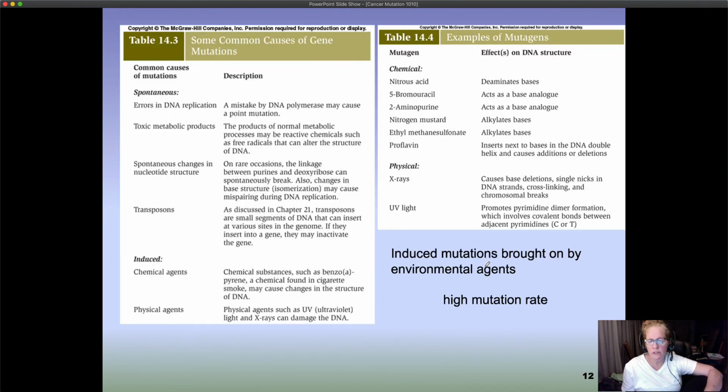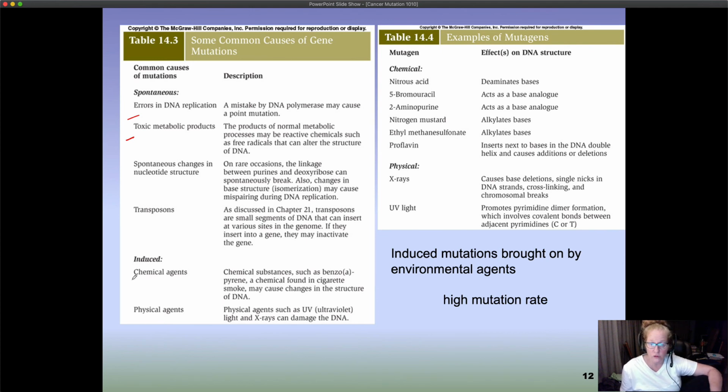So what are some of the different causes of genetic mutations? These tables are in your book, but just to look at them, sometimes there are errors during DNA replication. Maybe DNA polymerase III added the wrong base and it didn't get caught during proofreading. Sometimes there are toxic products from metabolism, such as reactive oxygen species, hydrogen peroxide, superoxide.